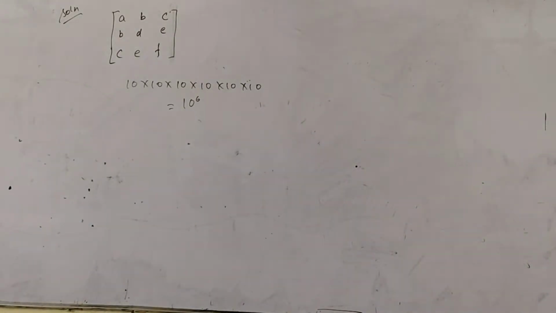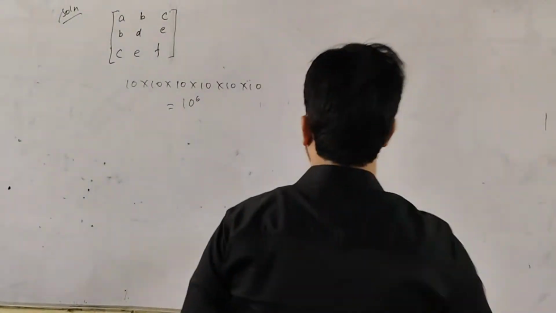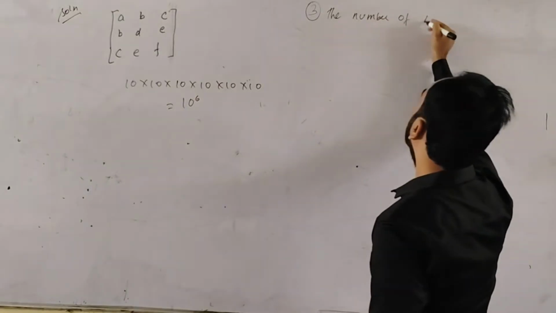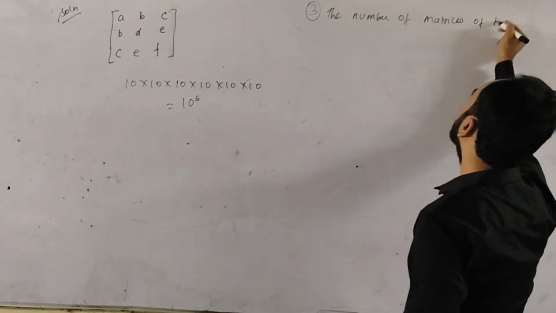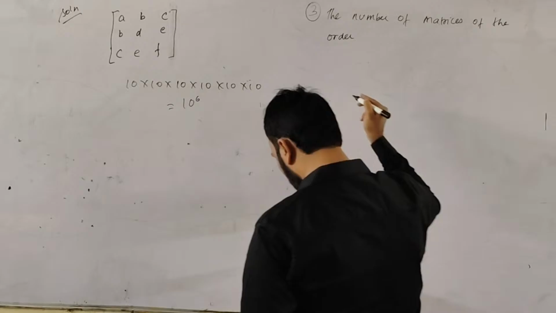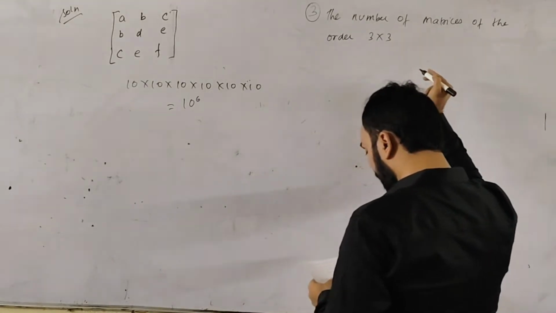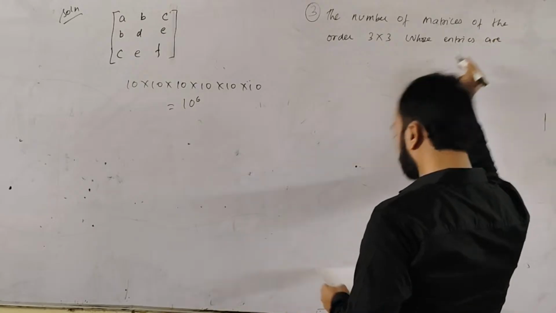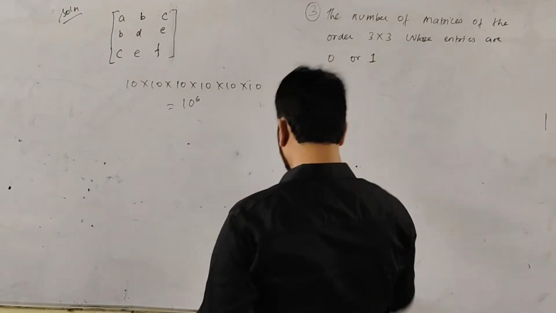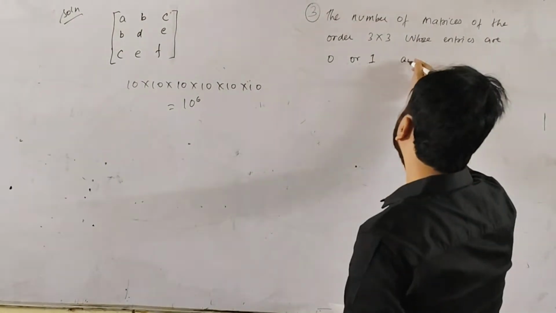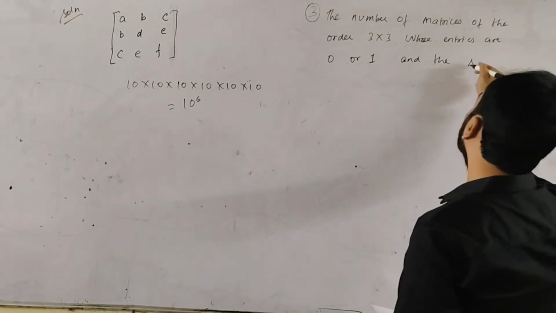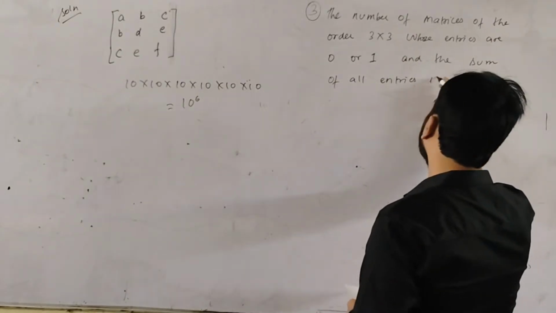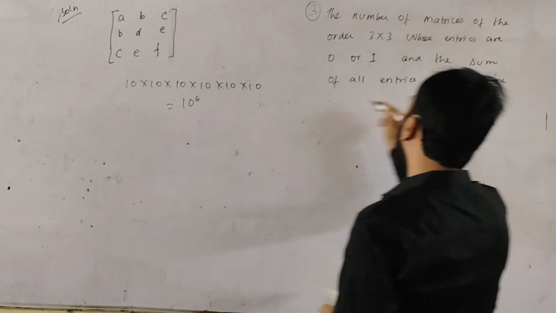The number of matrices of the order, again the order is given as how much? 3 cross 3, whose entries are 0 or 1, and the sum of all entries is a prime number. Right? Prime number.